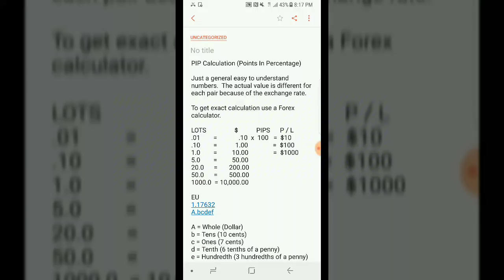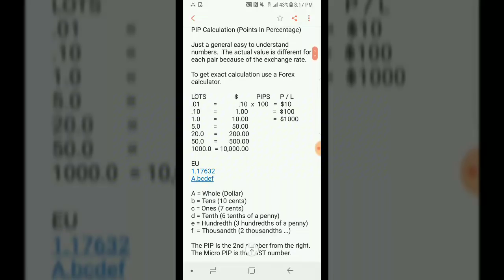The next part is EU, that is the Euro versus US dollar. If you have a current price of 1.17632, you have 5 points after the decimal place, and I abbreviated it for you. In the A spot, that's your whole dollar. Your B is your tens, so that is 10 cents.